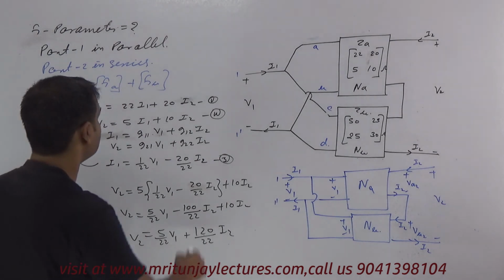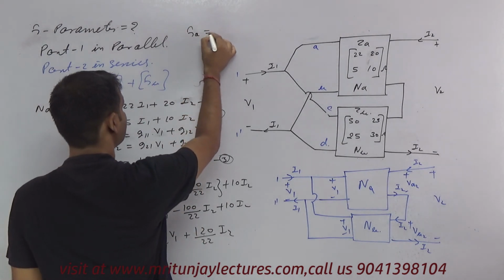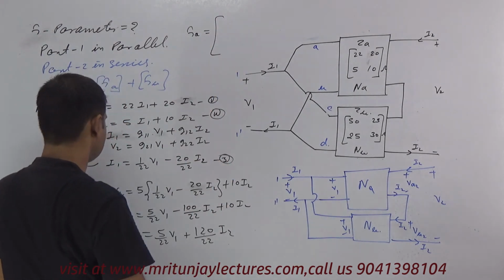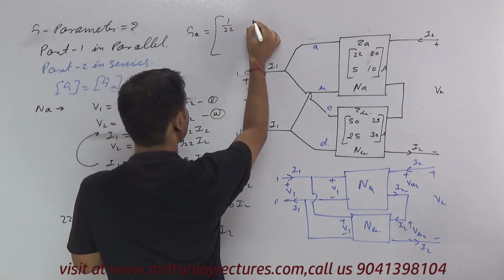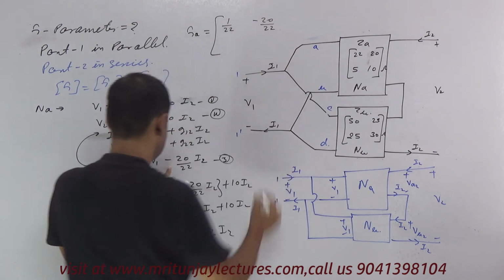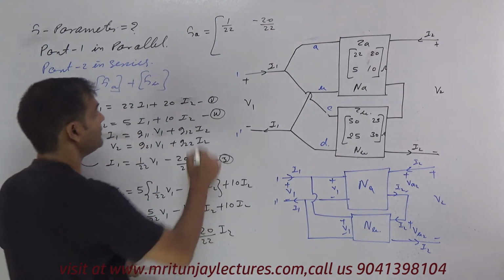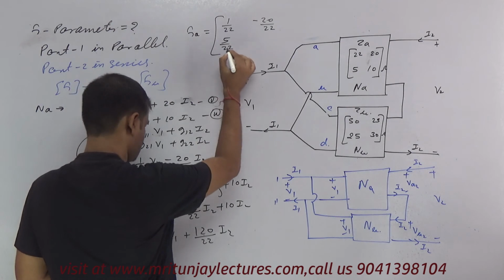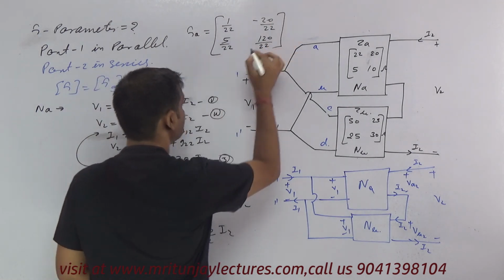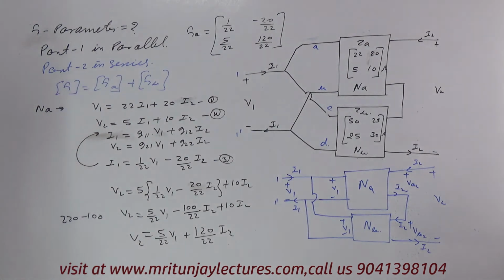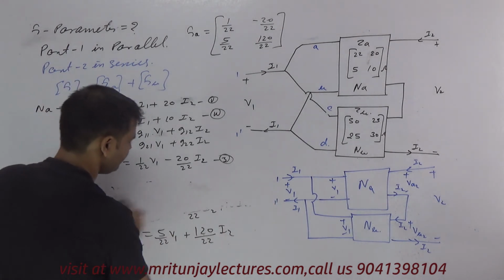So finally GA is equal to 1 by 22, minus 20 by 22, and that is 5 by 22, and here 120 by 22, like this one. Now after that is GA.